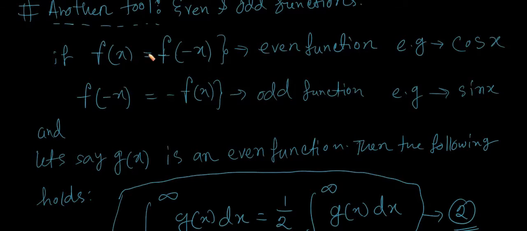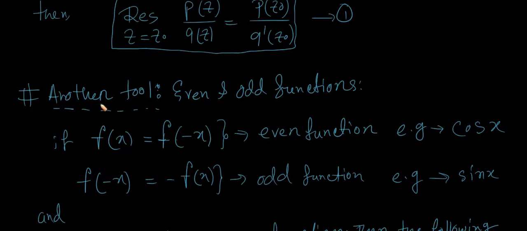And a second tool is something you already know from your calculus courses, but I thought it would be a good idea to give you a reminder, and that is about even and odd functions. If you have some function f of x and you now replace x with minus x, and the function remains the same, that is there is no change of sign, then that is called an even function.